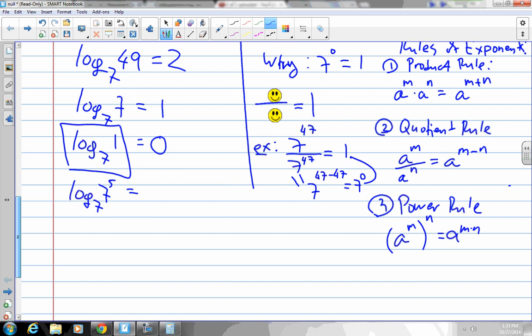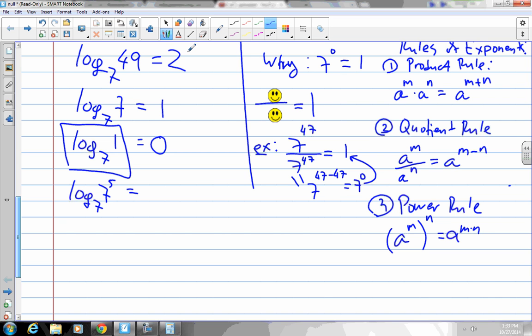So 7 to the power 0 has to be 1. So that's why anything to the power 0 equals 1, because you can play that little game. Basically you're dividing the same base with the same powers. So you subtract exponents, you get 0, but the ratio should be 1, because you're dividing two identical things. Okay. So this is why anything to the power 0 equals 1. That's why the base is almost irrelevant in this case. So log of 1 will equal 0 then.